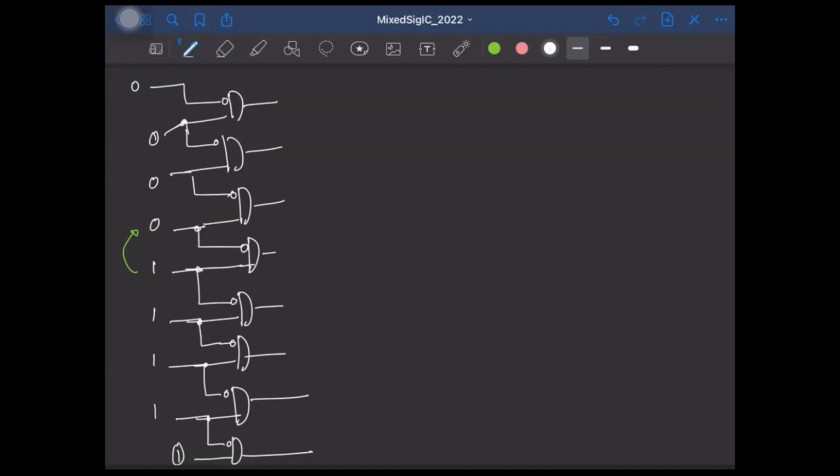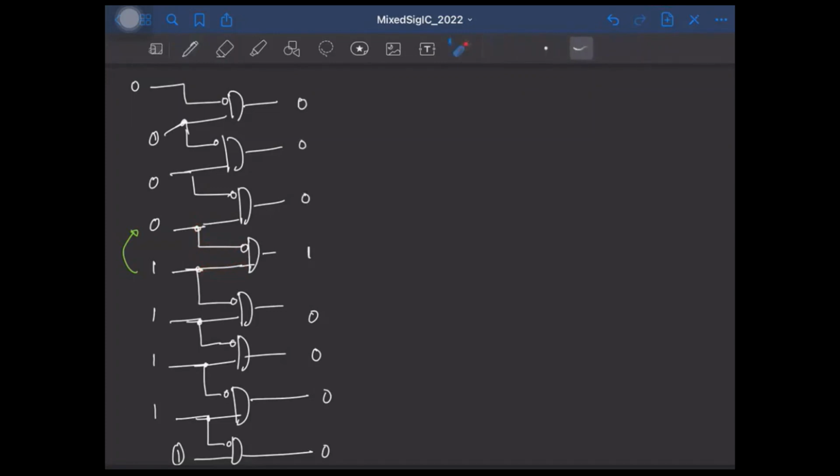Now if you look at this output, all of this will be 0, and only this will have an output of 1 because this is 0 and this is 1. All others will be 0, right?